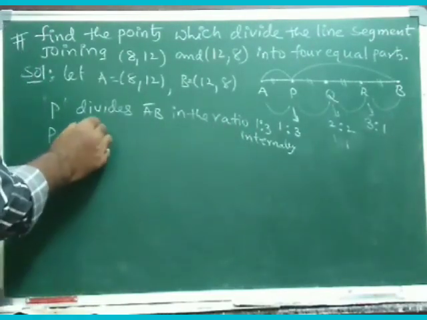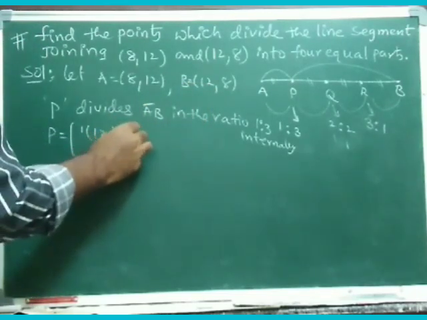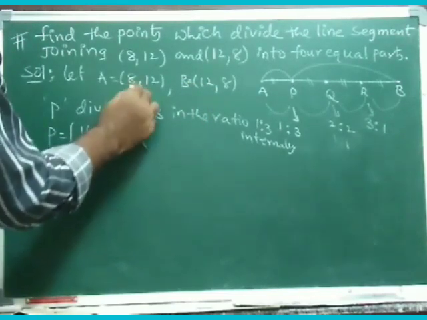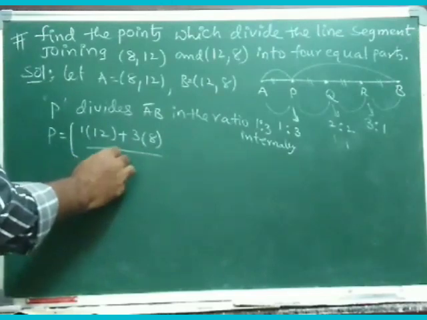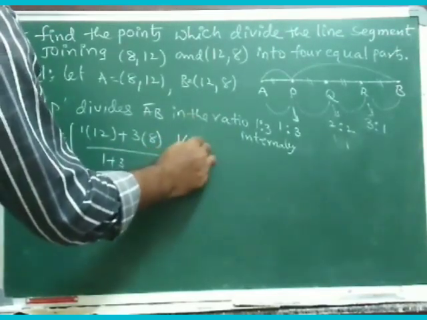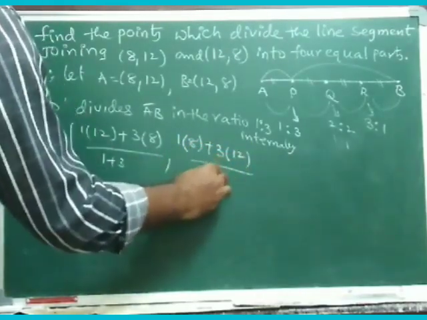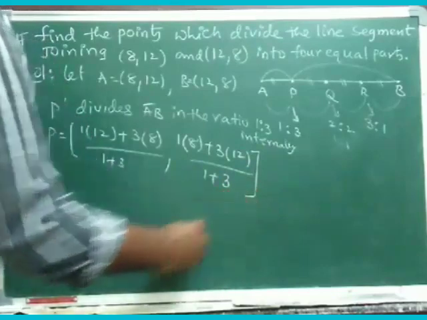m x2, 1 into x2, which is 12, plus n, 3 into x1, 8, by m plus n, which is 1 plus 3. And similarly, m into y2 plus n into y1 by m plus n.